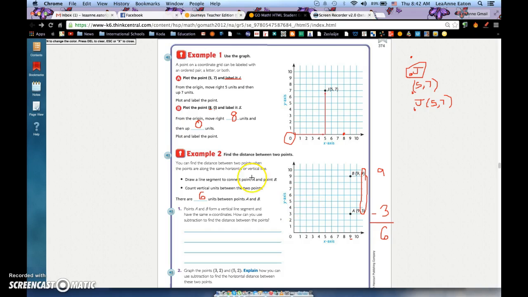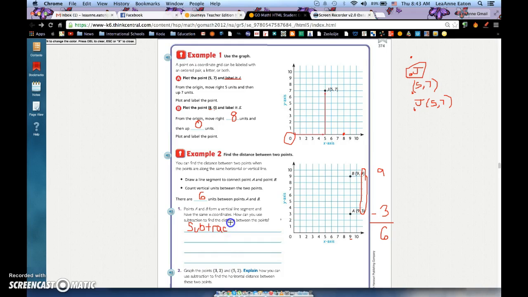Then let's look, it says points A and B form a vertical line segment and have the same x coordinates. How can you use subtraction to find the distance between the points? You're going to write, subtract the y coordinates. See how long it takes for me to write with my trackpad?